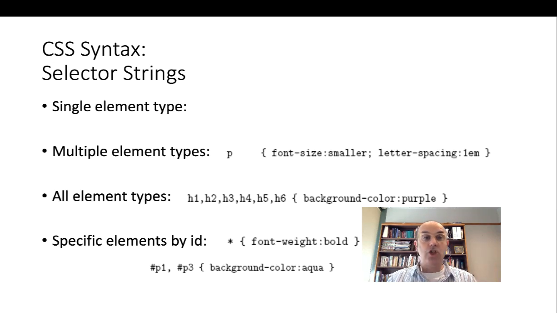The syntax is a selector, like a string, where you can have multiple element types, you can have all the element types, or you can have a specific element by ID.